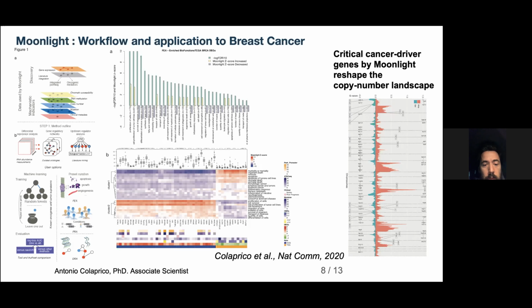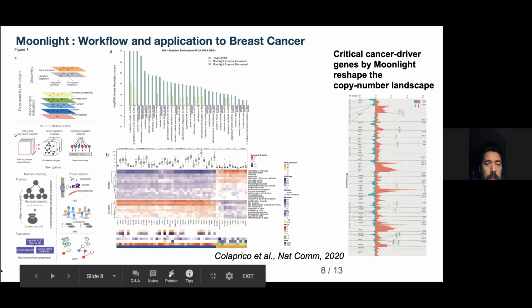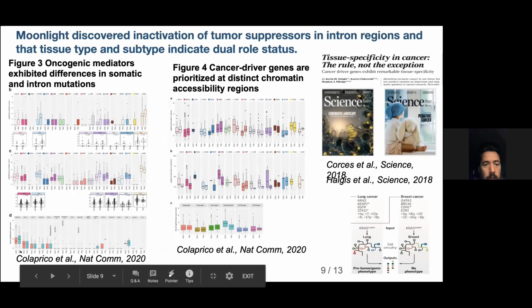We also found hypomethylation of the oncogene and hypermethylation of the tumor suppressor, an association of the oncogene with poor prognosis, and we also integrated ATAC-seq. I'll try to do this quickly, in two to three minutes.